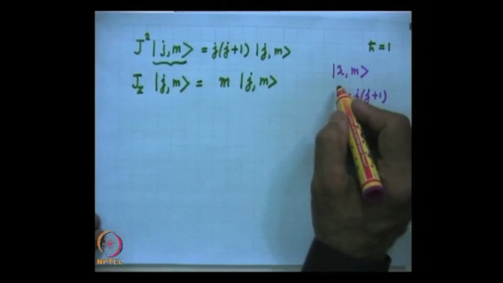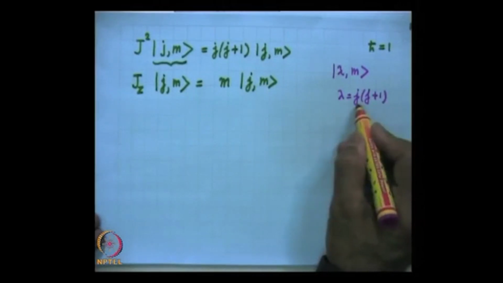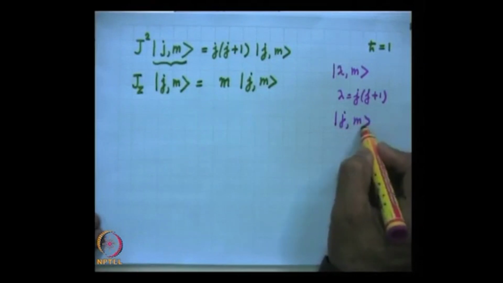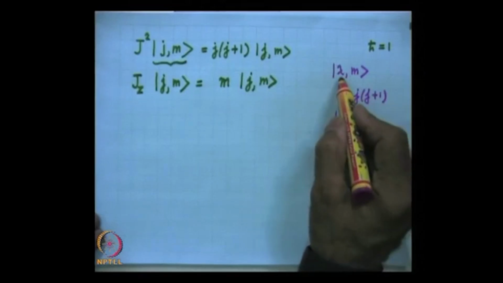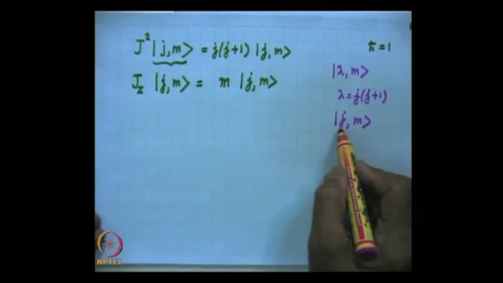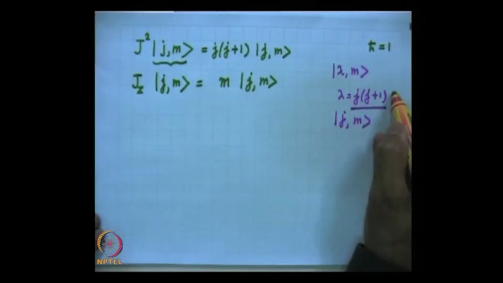So, we replaced lambda by just one symbol, j comma m, with the understanding that the eigenvalue of J squared is not j, it is j into j plus 1 multiplied by h cross square.